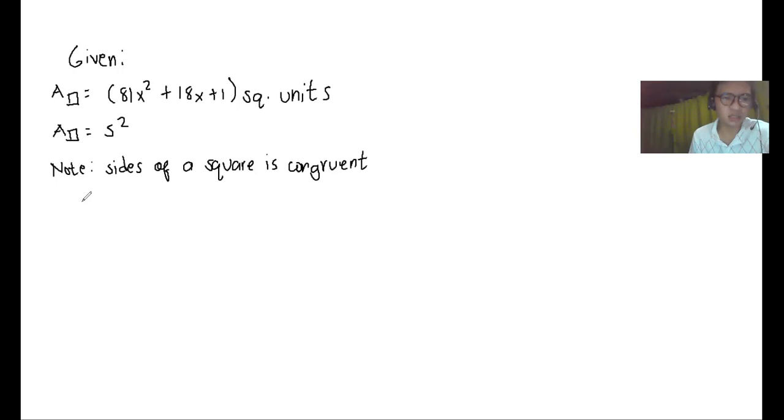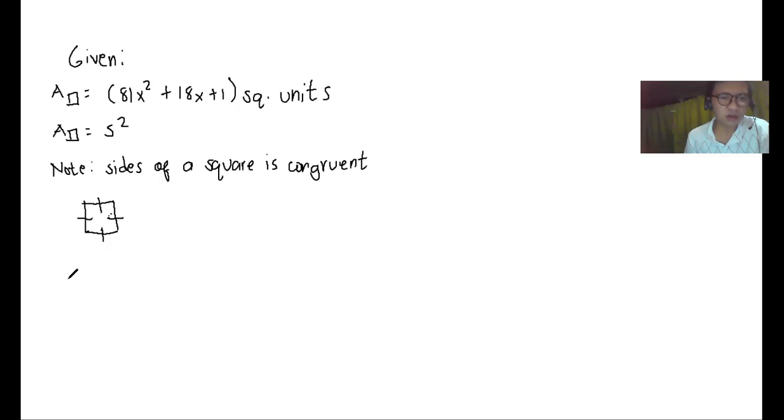So meaning, if we have a square, this side is equivalent or congruent to this side, and to this side. Let us take note of that. So we need to get again the value of s in this problem by using the square root. If we need to use the square root, there must be something squared on the other side so that we can cancel it.